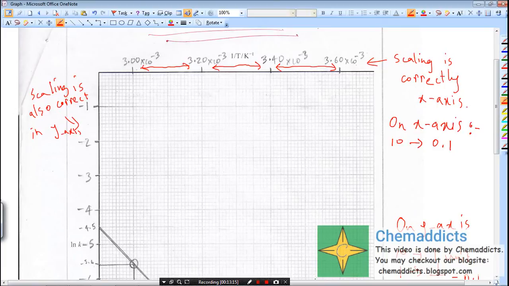Since 10 to the power minus 3 is constant throughout the calculation, we are ignoring that for a while. So for 1 box you get 0.1 by 10, which is 0.01. So one box represents 0.01. Okay, so we have got it.